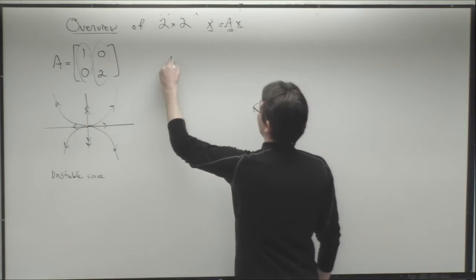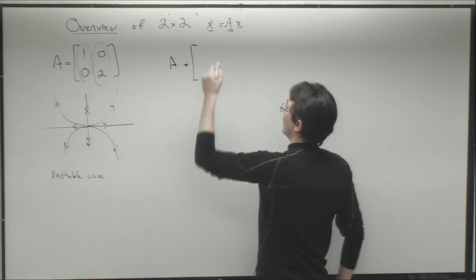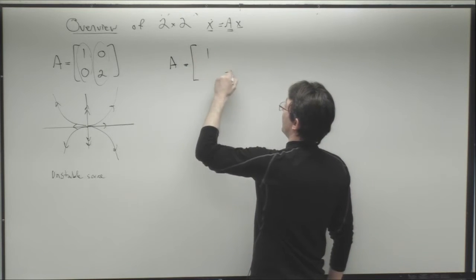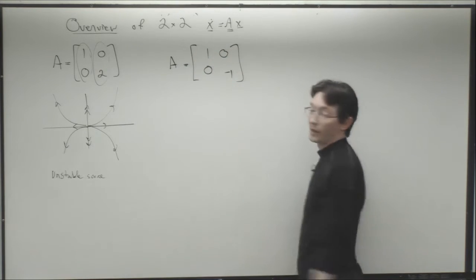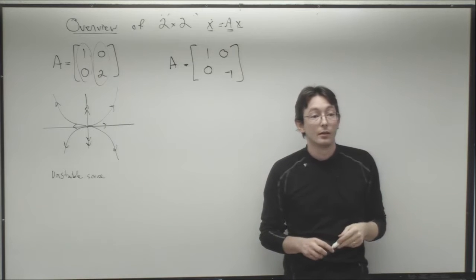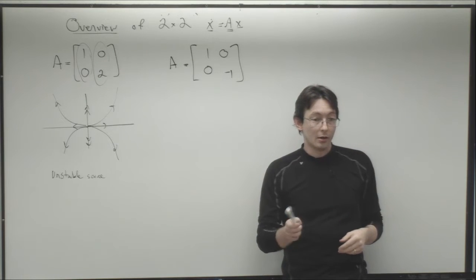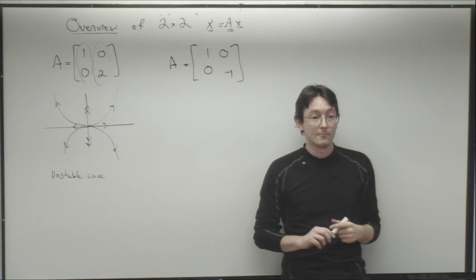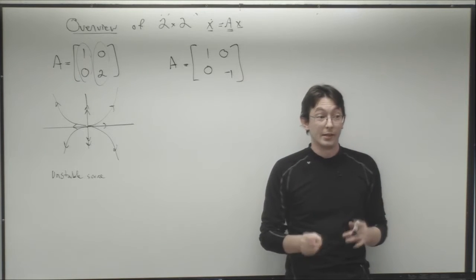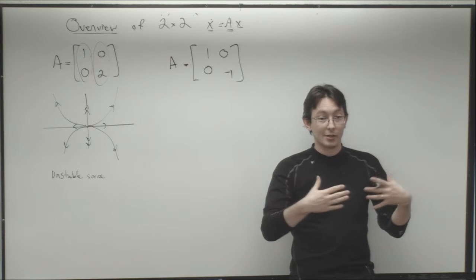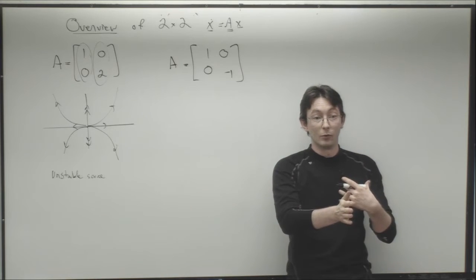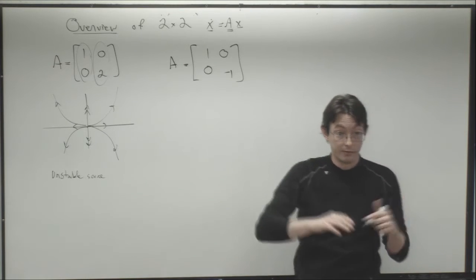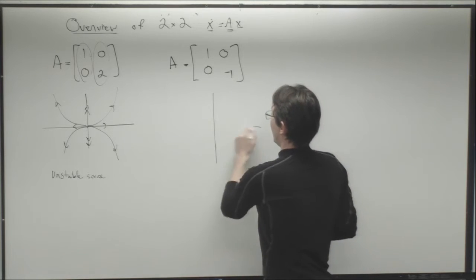Okay, let's try another one. A equals 1, 0, 0, minus 1. What's that, stability-wise? It's called a saddle. Is it stable or unstable? Not both. It's unstable. It has one stable direction, but the other unstable direction will pretty much always take me away from the fixed point. Again, what are the eigenvectors?